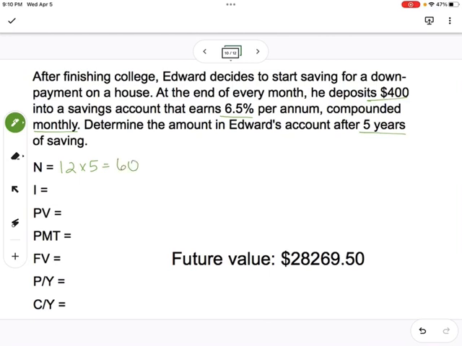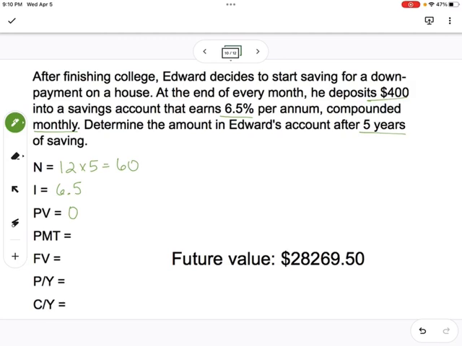Our interest rate, remember, we don't have to do anything with for the TVM solver, so we just put 6.5. Our present value is how much he's starting with at the very beginning, meaning he's starting with $0, so that's going to be 0. The payment amount is the $400.